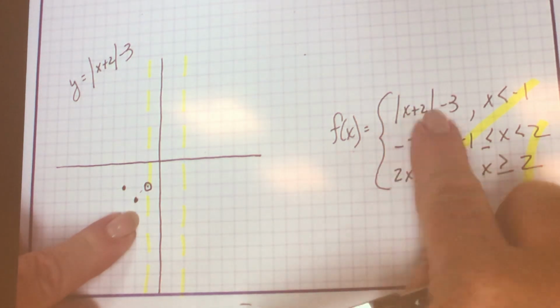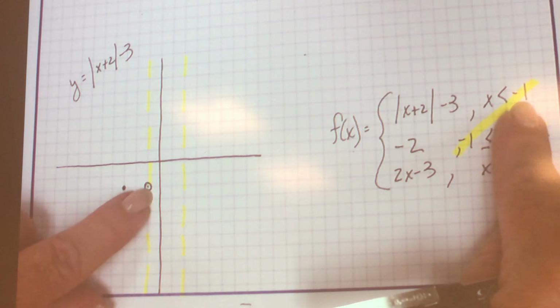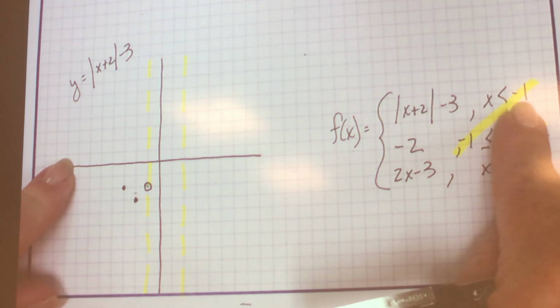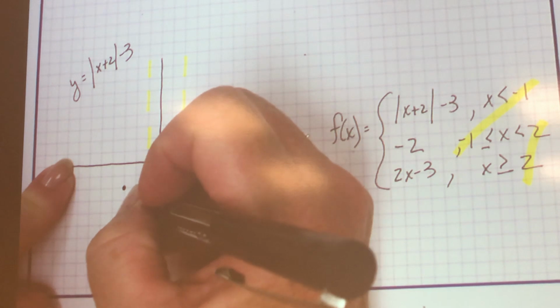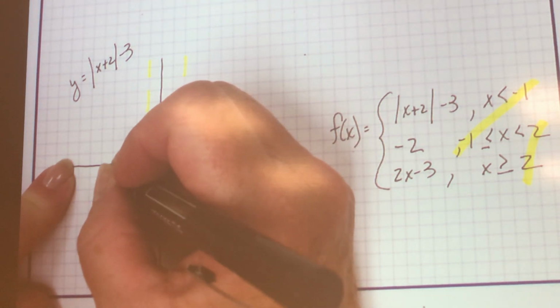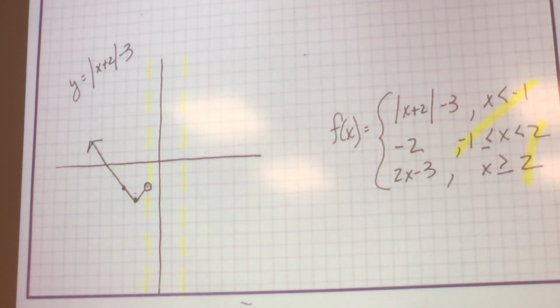Guys, this function exists where? To the left of -1. Why is this a hollow dot? Because it doesn't exist at -1, but only to the left. Do you understand what I'm saying? So this goes here, and then he goes up here, and what do I put on the end of this line? An arrow, because he does keep going.